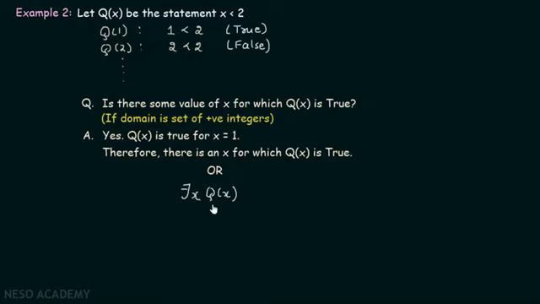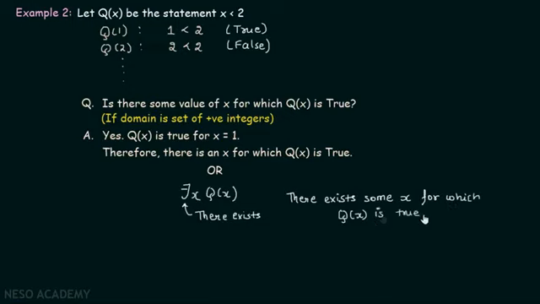This is the way I represent it: there exists x, Q(x). This is also a quantifier and it represents there exists. If I read this, it will be read as there exists some x for which Q(x) is true, and the domain is the set of positive integers. This is how you read this.